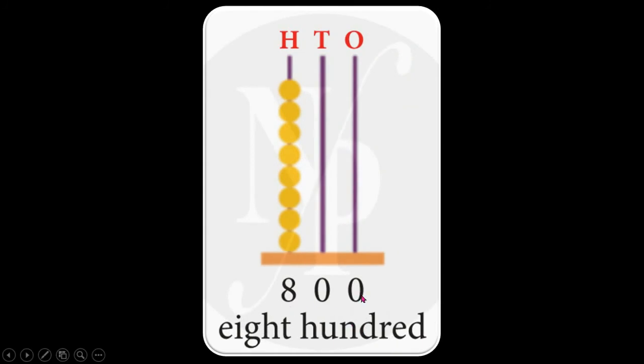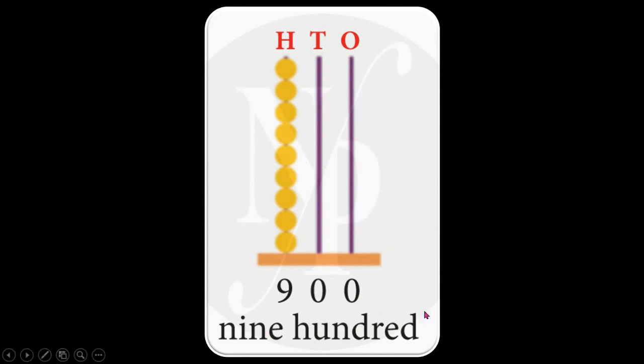For 800, there will be 8 beads. Count here: 1, 2, 3, 4, 5, 6, 7, 8. 8 beads on hundreds place rod and 0 beads on both tens place rod and ones place rod, which represents the number 800. The number name is written as EIGHT HUNDRED.